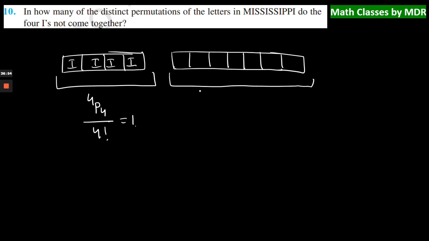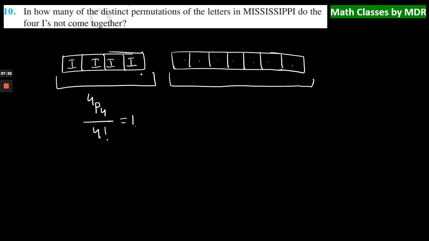And so what about this? We can arrange these 1 2 3 4 5 6 7, total 7 letters, but this block of 4 i's also should be included. As all these 4 i's always come as a single letter, you can include them between any letters here.